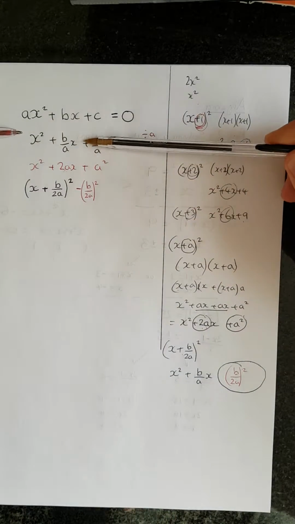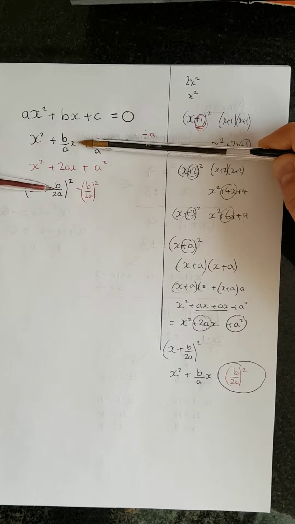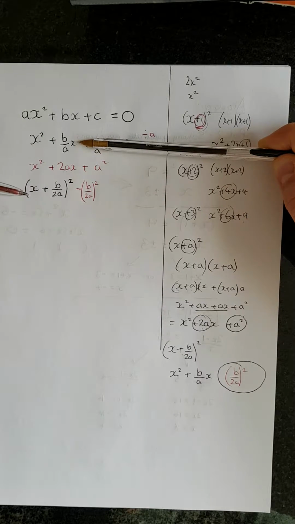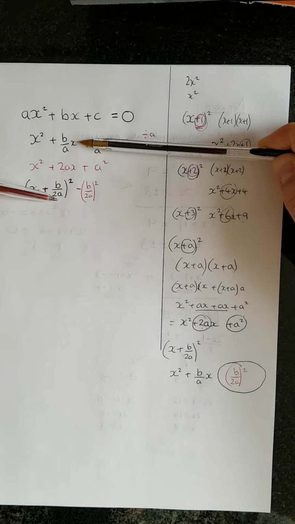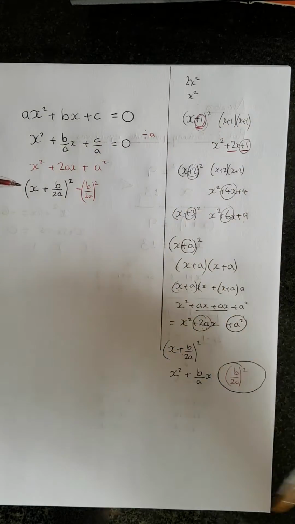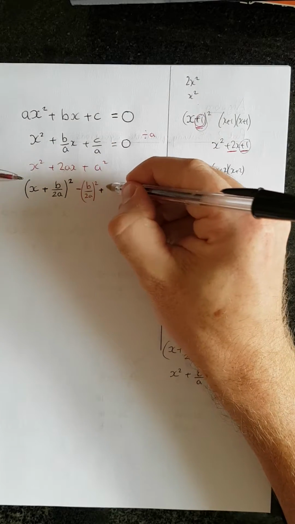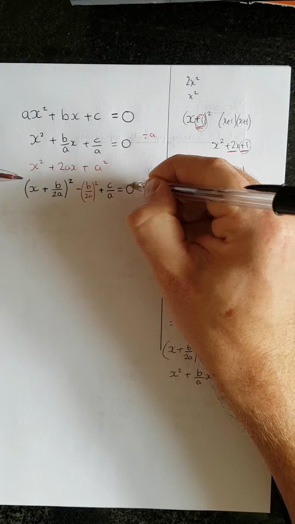Now, these two terms here are the same as all of this, because this bracket gives me x squared, it gives me this, and this bit squared cancels out here. But I don't have this, so I'm going to have to add that on the end. And that's still all equal to 0.